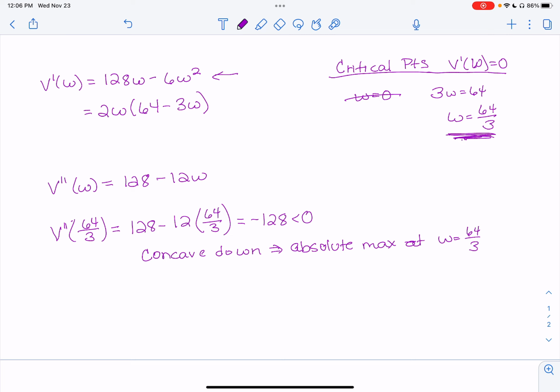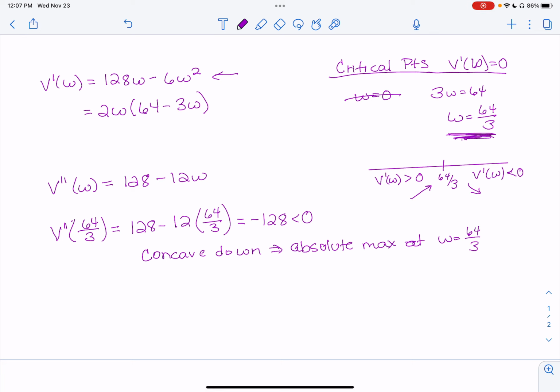If you don't want to use the second derivative test, you can use your number line. You can say 64 thirds is here, and I'm going to test over here. The first derivative of the volume is going to be greater than 0 on this side of 64 thirds, so I'm increasing. And the first derivative of the volume is less than 0 over here, so I'm decreasing.